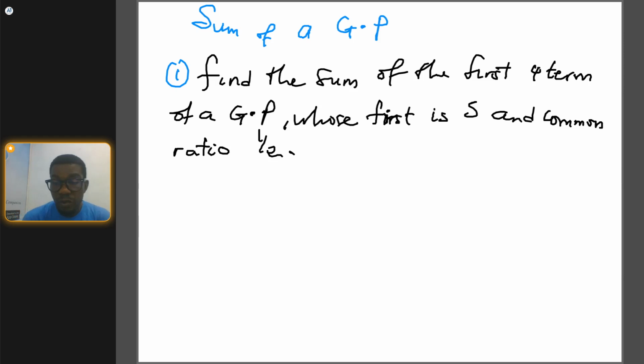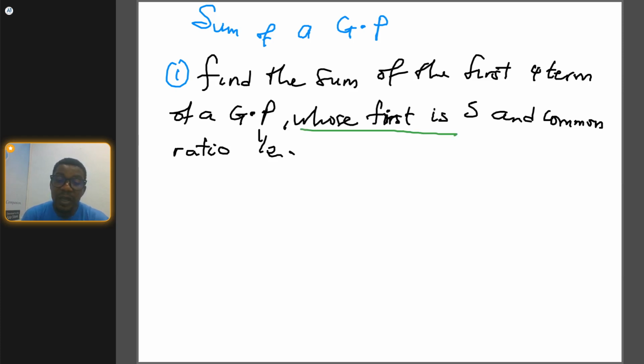So this is the question we want to solve. Find the sum of the first 4 terms of a GP whose first term is 5. So we have this information.